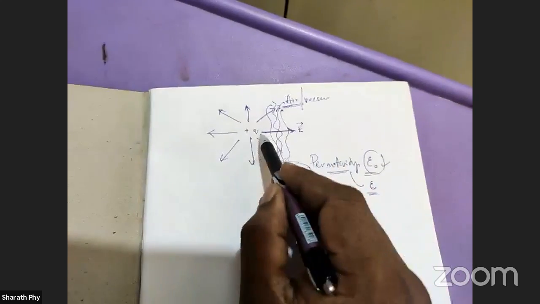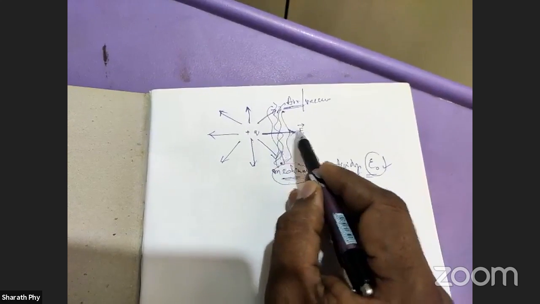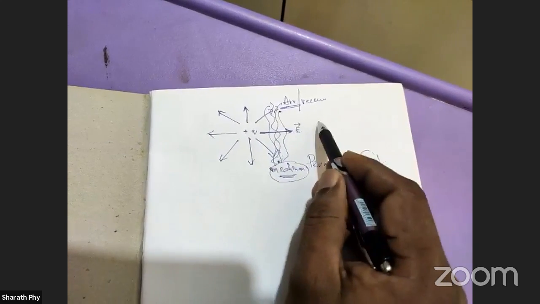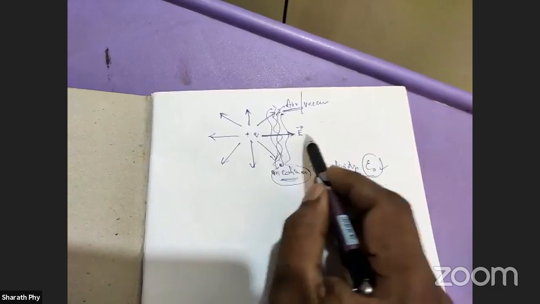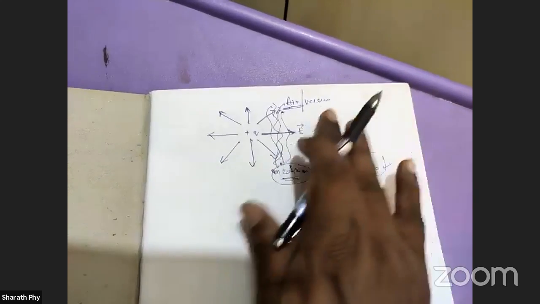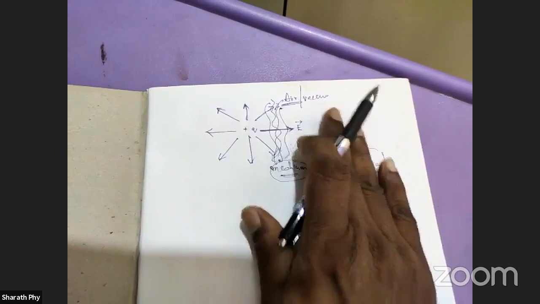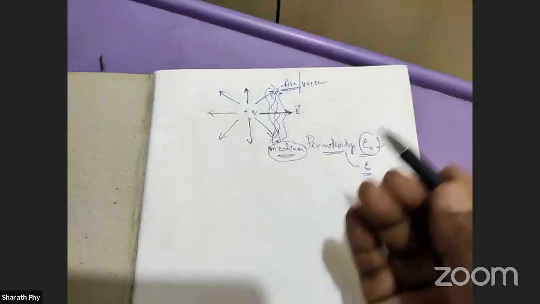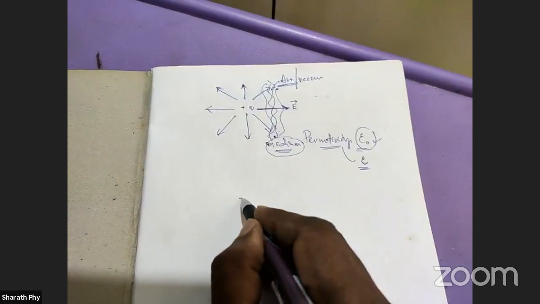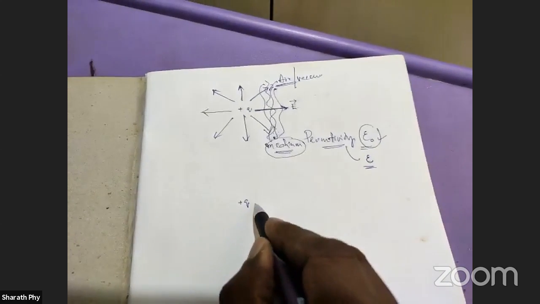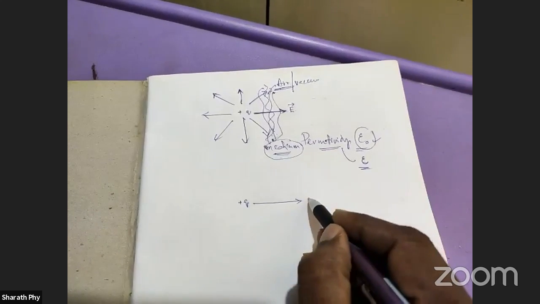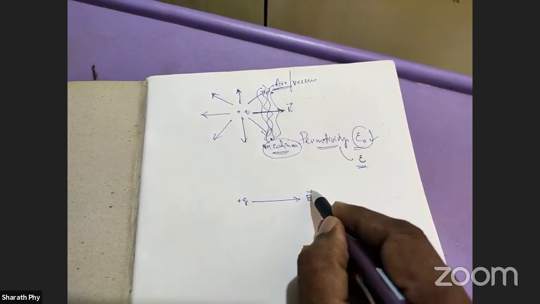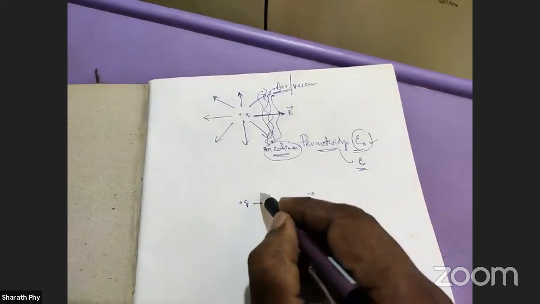If more electric field lines come out here, we say that at this area the electric flux is more. So how to calculate electric flux? Let us say a positive charge is there, and an electric field line is going normally in this direction straight, and one surface is there.